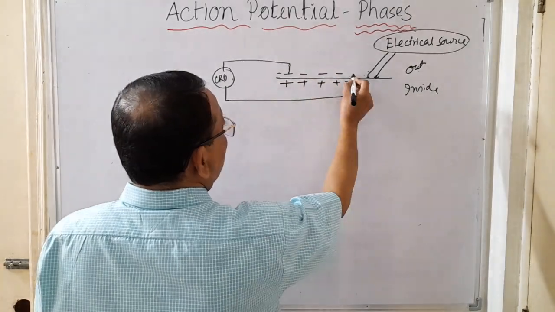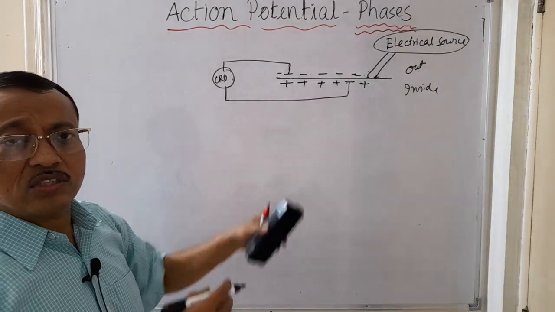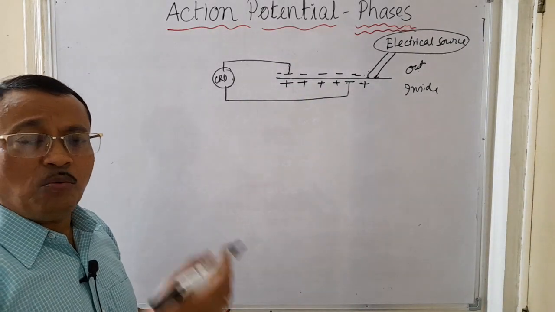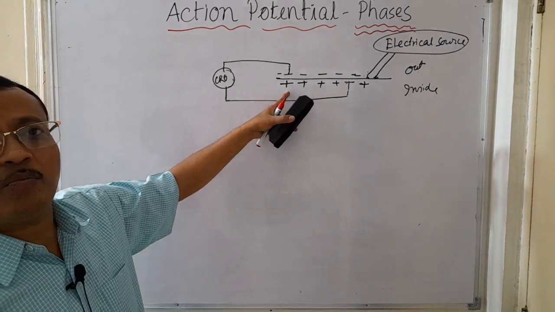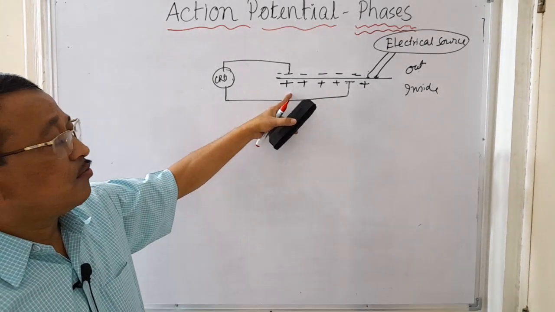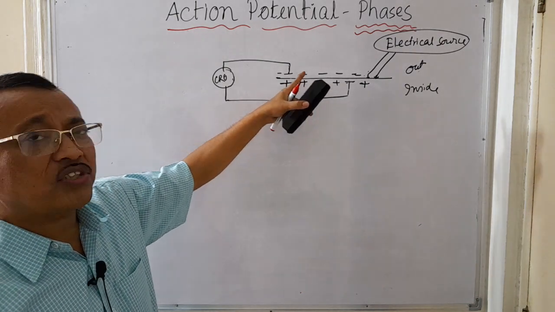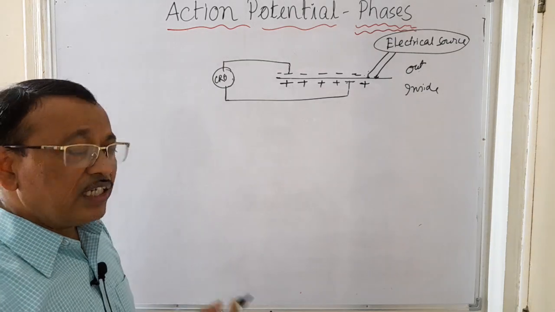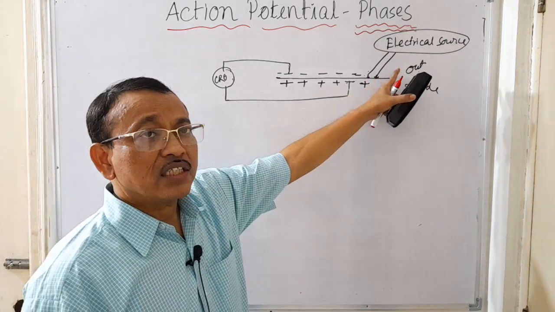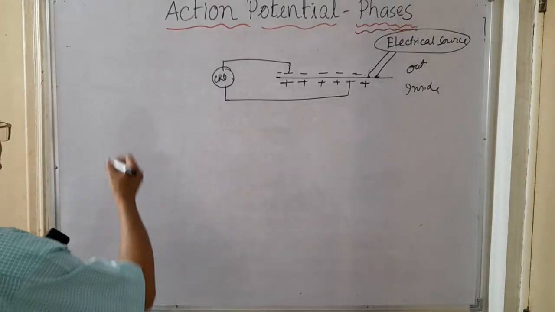So this very sudden, transient reversal of the membrane potential from inside electronegativity to electropositivity in response to the threshold stimulus is known as the action potential.